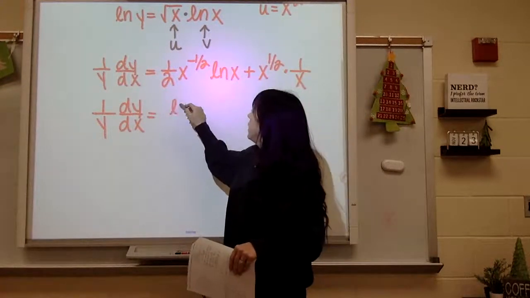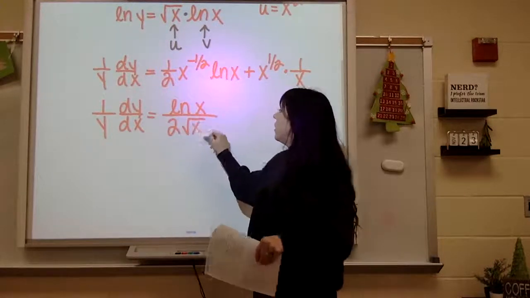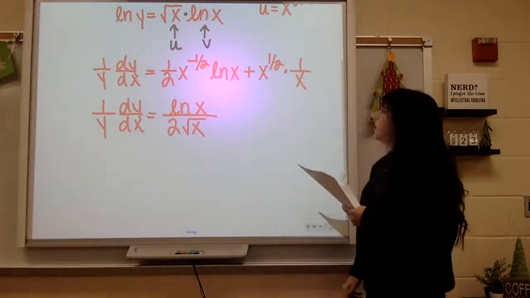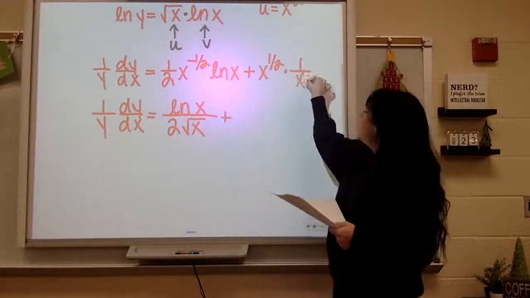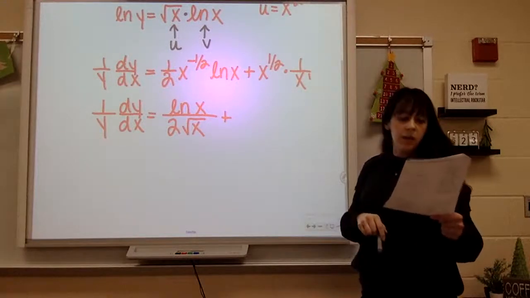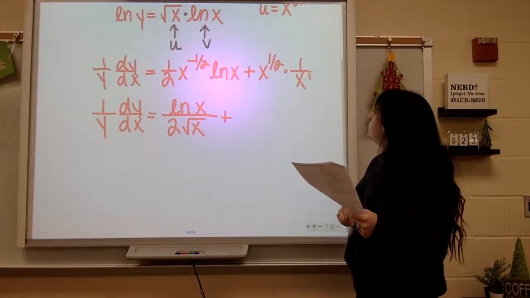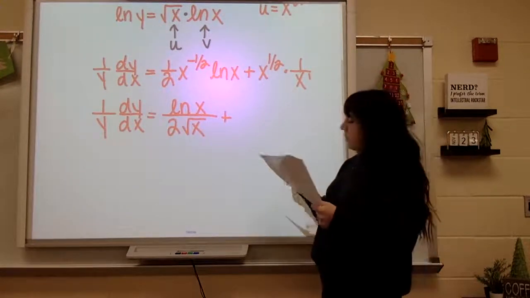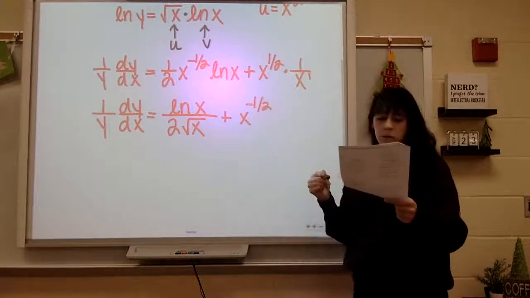Let's just kind of try to clean it up a little. ln x over 2 radical x is what that first part would be. Actually, over here, I can subtract these exponents to make it simpler. So x to the 1/2 times x to the -1 technically would be x to the -1/2 power, right?